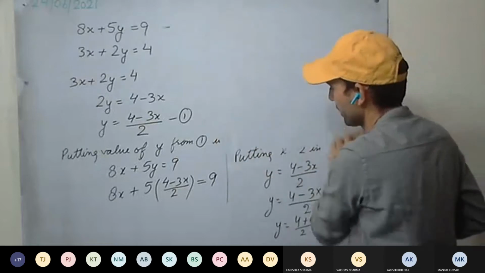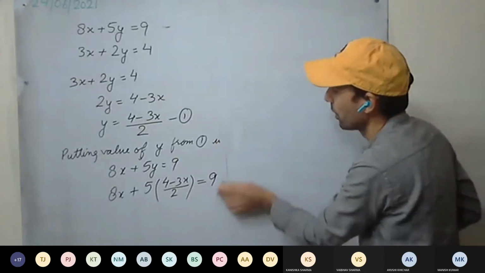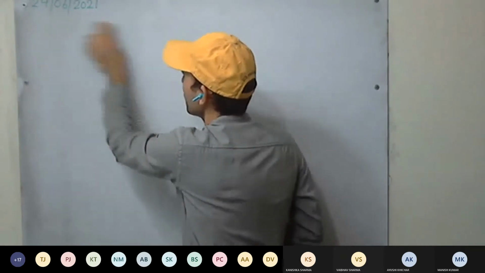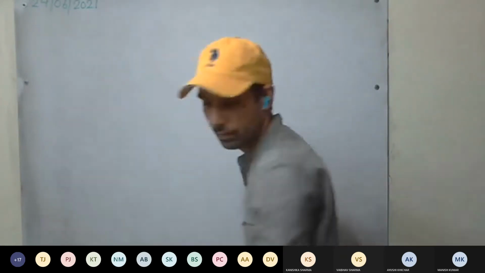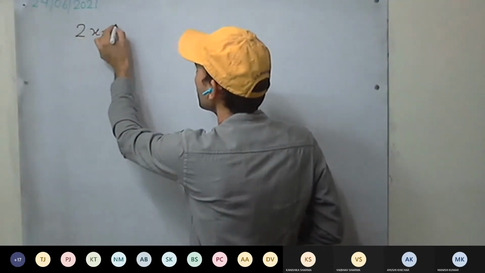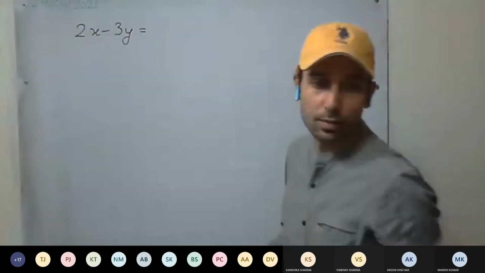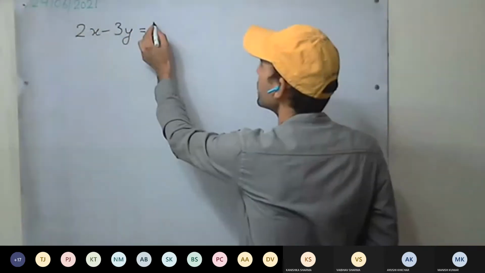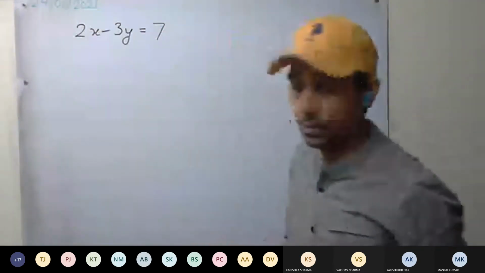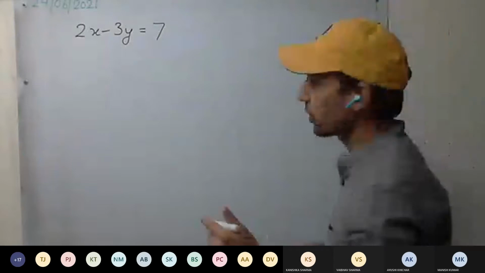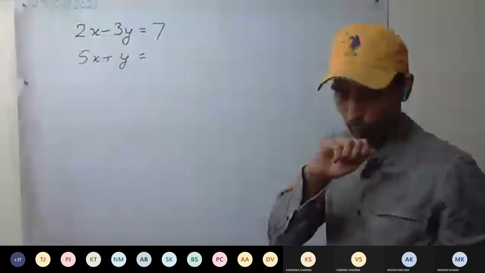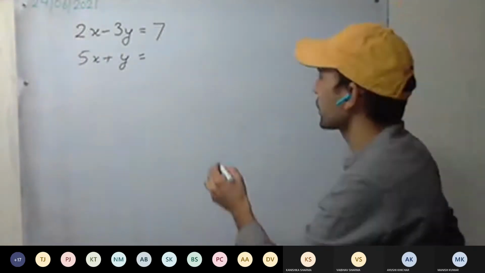Which variable should we take? 2x minus 3y equal to 7, and the second equation is 5x plus y equal to 9.